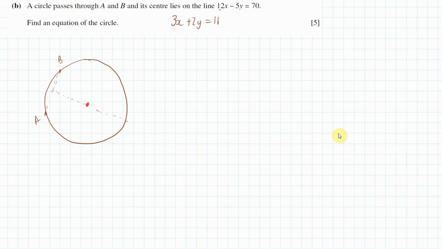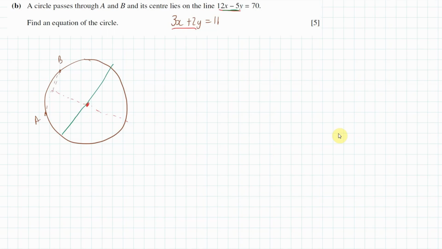So we have, therefore, 2 lines passing through the center of the circle. So we could find out where those 2 lines are equal. So where are they equal? And then we'll find the x and y coordinates of the center of the circle, which we need for the equation of the circle.